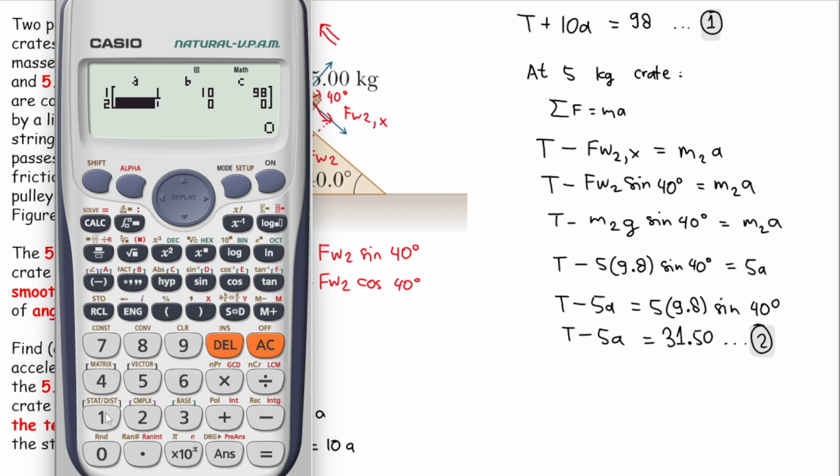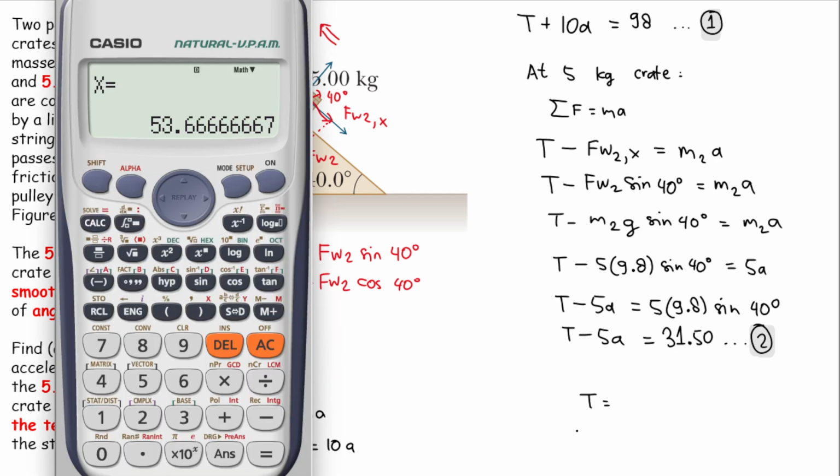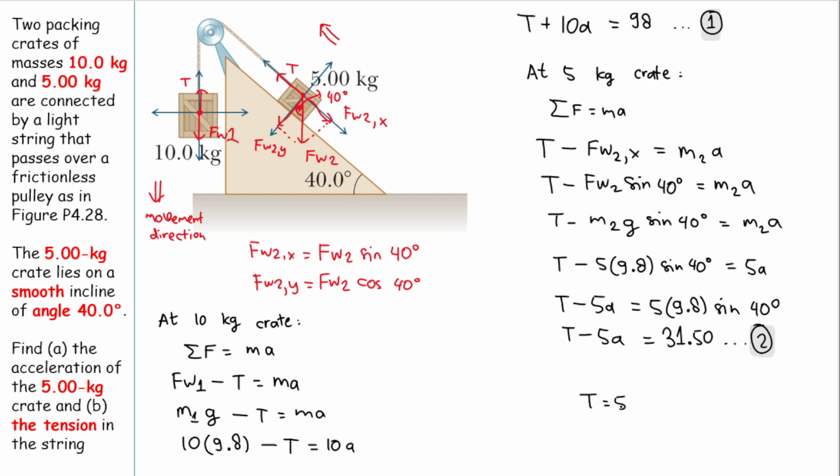And the second one, I will have 1, minus 5, and then 31.5. Okay, so we will have our T here, right? The X value is T, and that T is 53.67. And the unit here will be in Newtons.